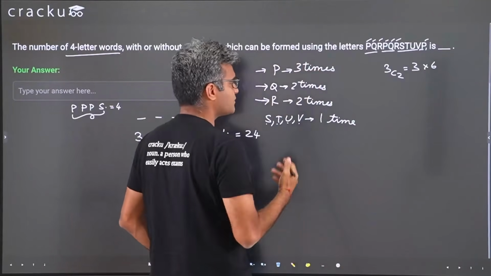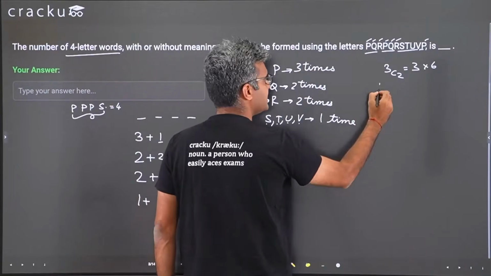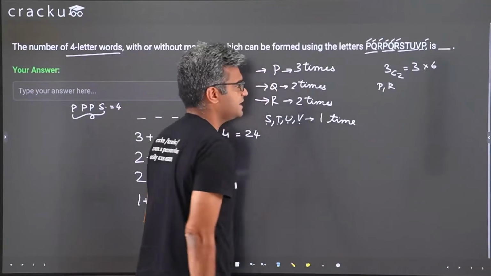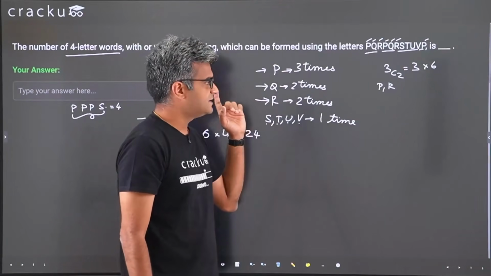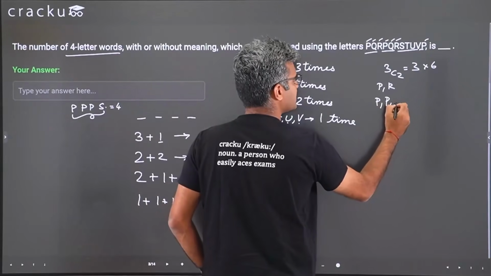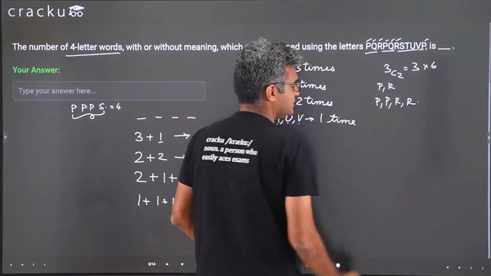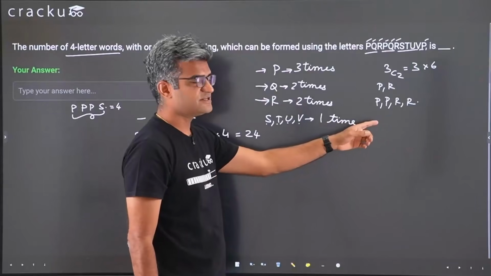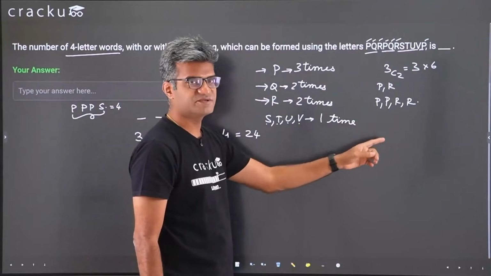For example, suppose the 2 letters that are selected are P and R. Each of them has to be repeated 2 times. So basically we will be having PP, RR. P is repeated 2 times, R is repeated 2 times. What is the total number of arrangements that are possible?